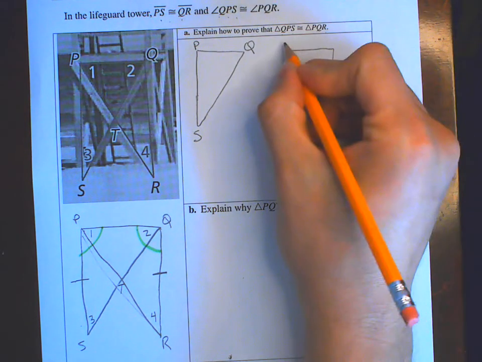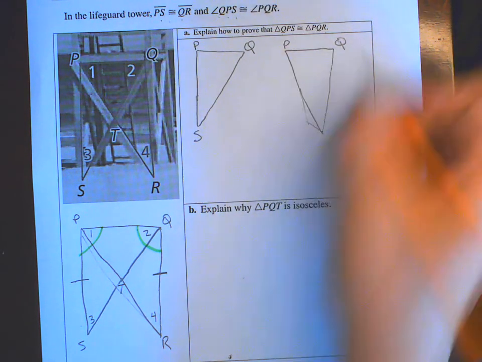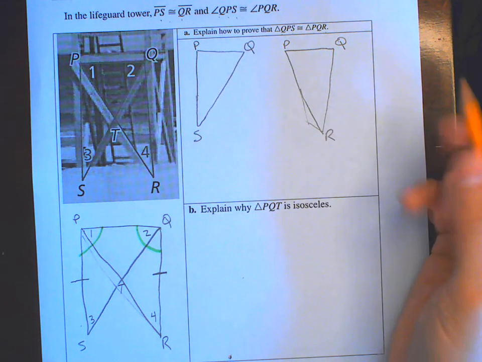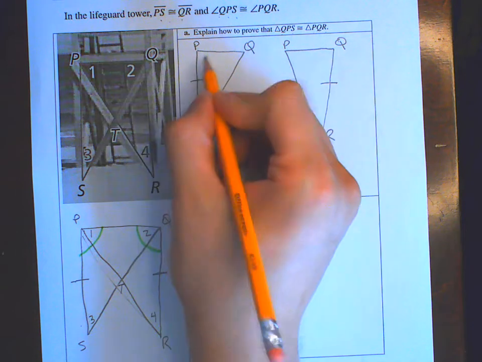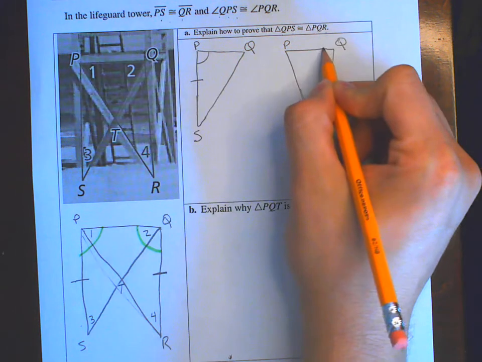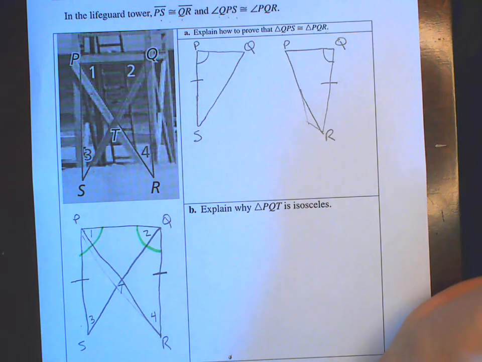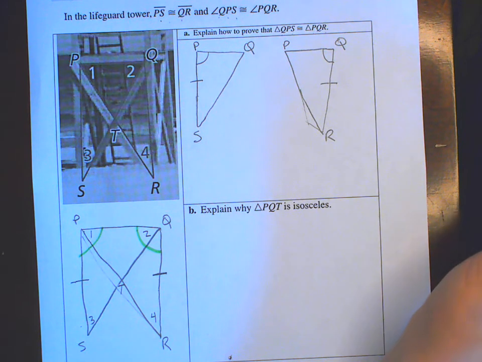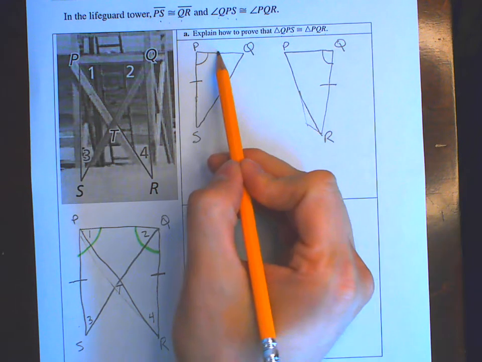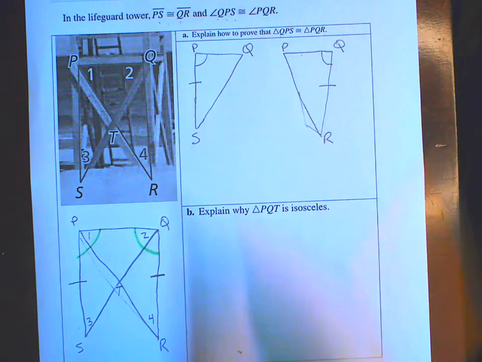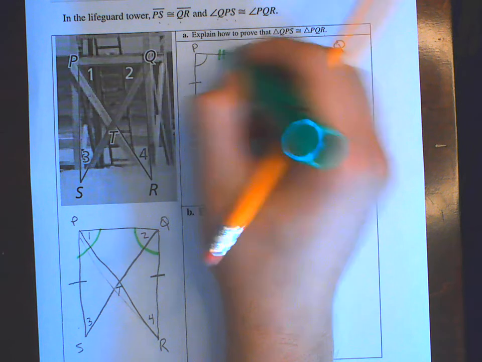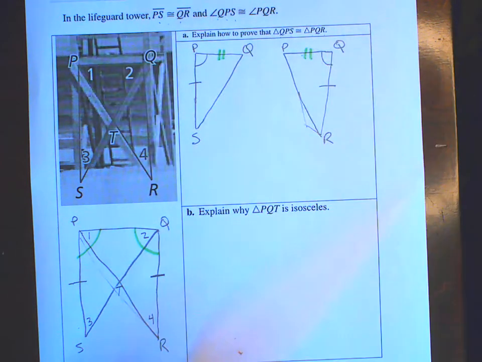Okay, and you have P, Q, R. Based on this one and this one is congruent. This angle and this angle are congruent, and that's all they're giving me. I want you guys to notice one thing. Isn't PQ and QP the same segment? Yes, it is. So that means that this side is congruent to that side.